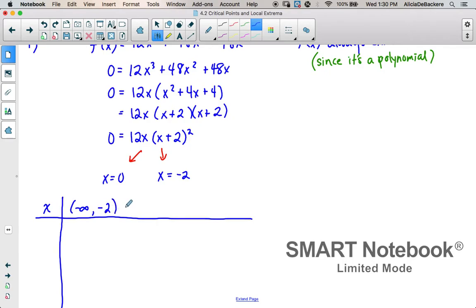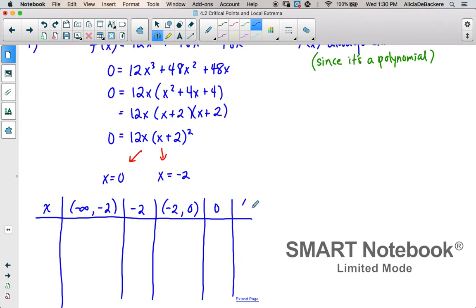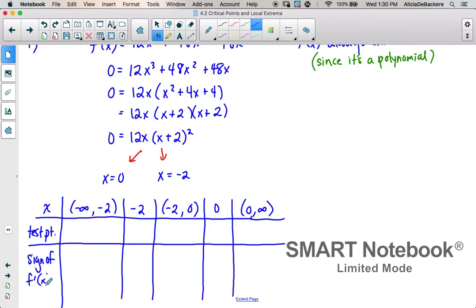Again, starting at negative infinity and just going along and stopping at each of our critical numbers. Then we'll pick a test point. And we'll find the sign of f prime at x.